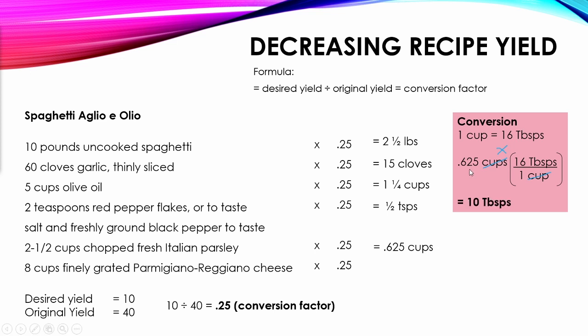Now 0.625 multiplied by 16 tablespoons is 10 tablespoons. Now this is more logical because it's easier to find 10 tablespoons compared to 0.625 cups. Alright, now let us proceed to the cheese. 8 cups of cheese multiplied by 0.25 is equivalent to 2 cups.